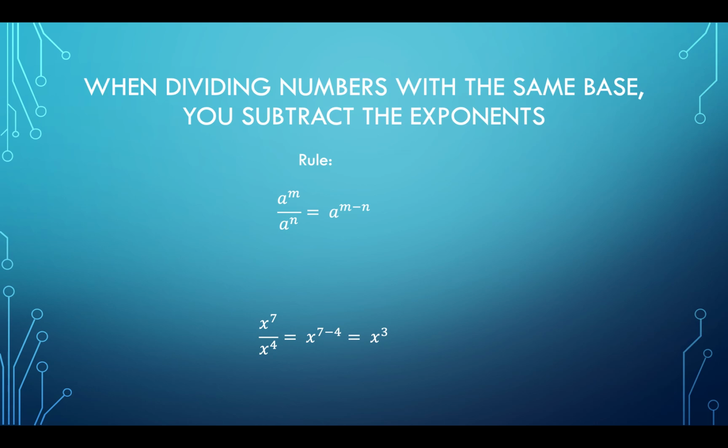An example with numbers and variables would be as follows. x to the 7th over x to the 4th. Same base, they're both base x, so we're going to do x to the 7 minus 4. We subtract 7 minus 4, and we get x to the 3rd. So x to the 3rd is our final answer.